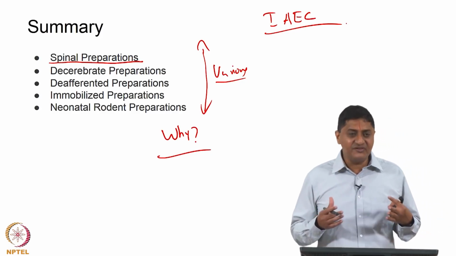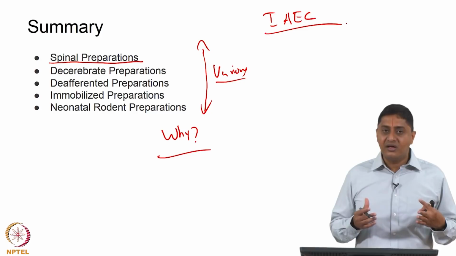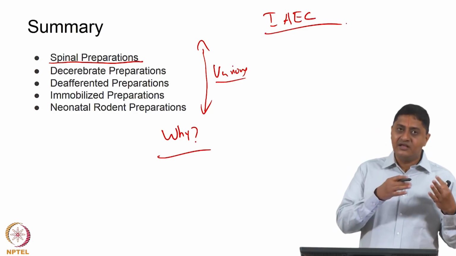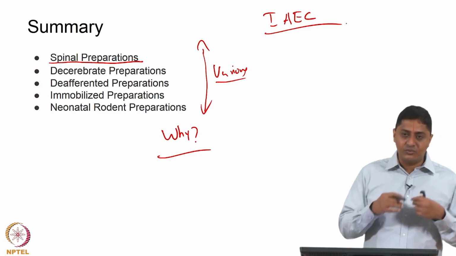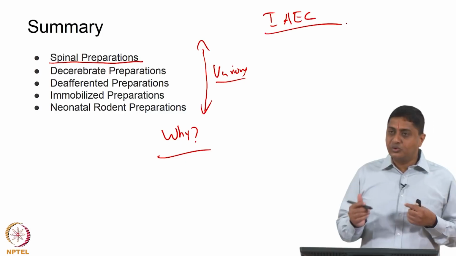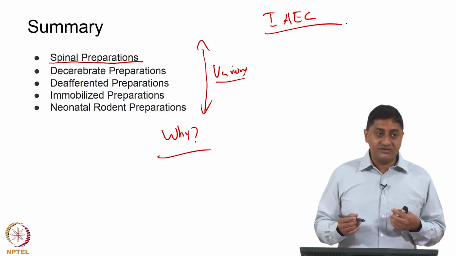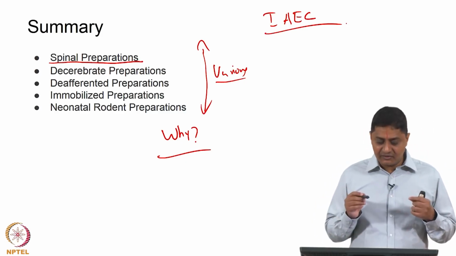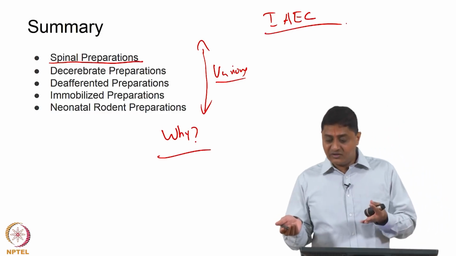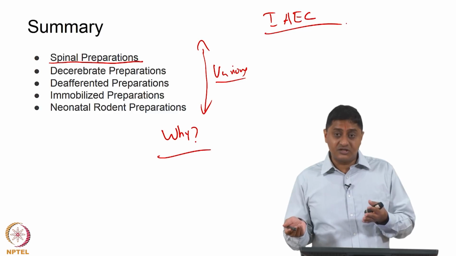All these things are controlled by the institutional animal ethics committee, which enforces basic things for the existence of these animals. Some of these animals continue to live for a long time after going through the injuries. Let us remember, these injuries are induced surgically by us, the experimenters, the researchers. They continue to live, in some cases for years. That means maintaining animals that are no longer suitable for experimentation also becomes a question.